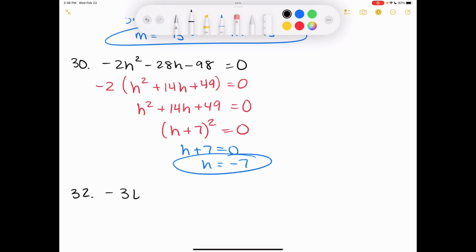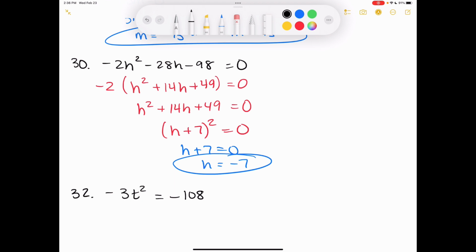Negative 3t squared is equal to negative 108. We're just going to move the 108 to the other side, or no? Yes, I think 3 will also go into 108, so we could also do that first and simplify it down.